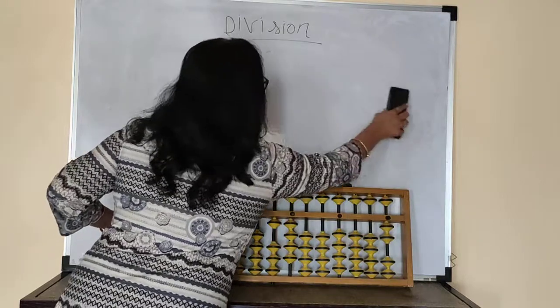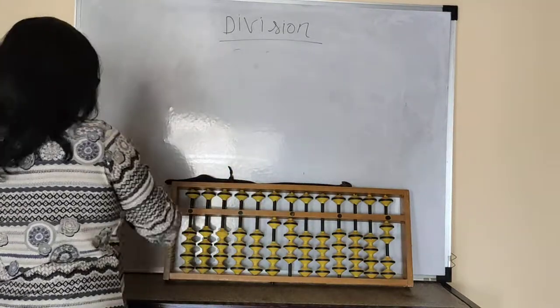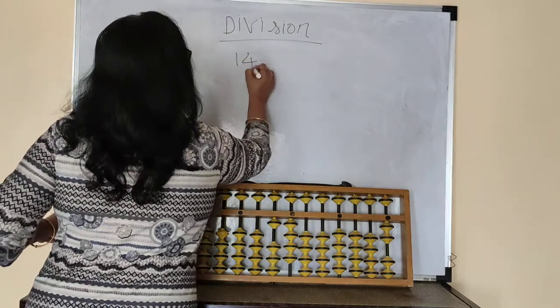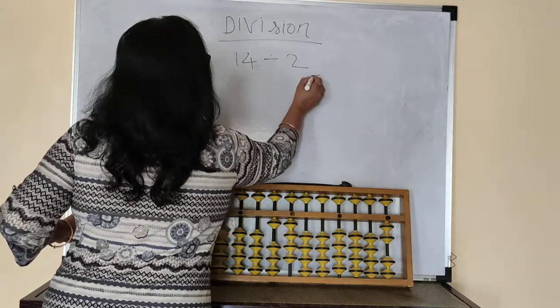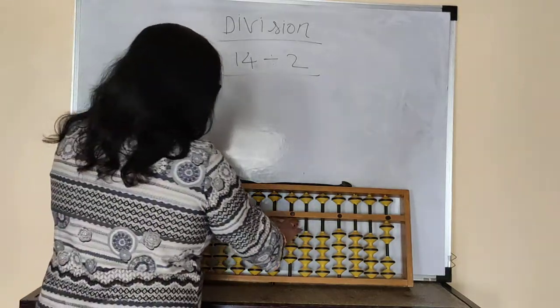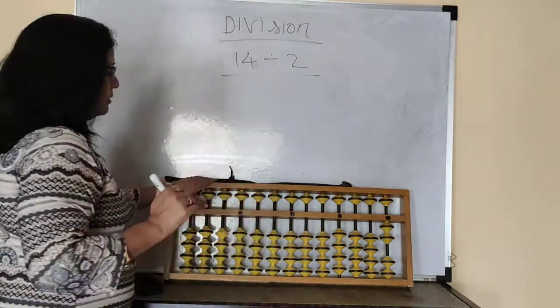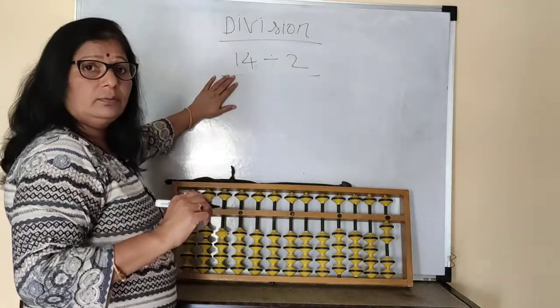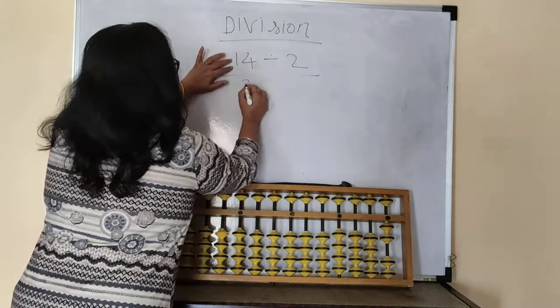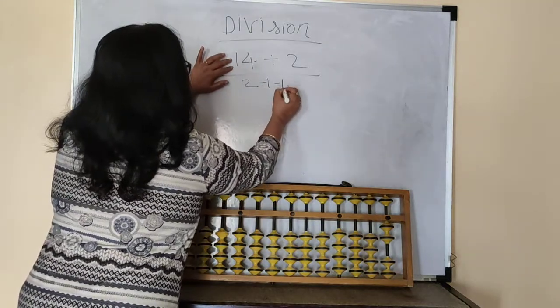Now we will take an example of less than the divisor. 14 divided by 2 we will take. Now see, where should I put the dividend? This is 2 digits, minus 1, another minus 1.